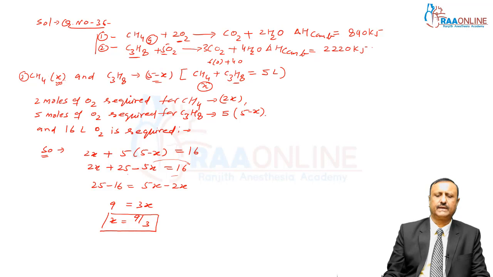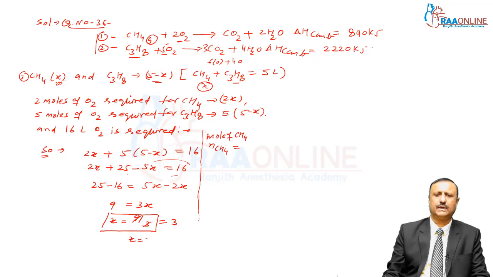Now, my dear students, here we can say the moles of methane, you can also call nCH4. What is the moles of methane? 1 mole of methane means 22.4 liter. And here 3 moles of methane are present, because x is equal to 9 by 3, which is 3.